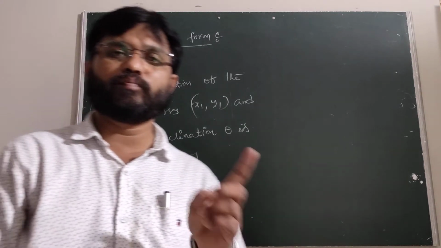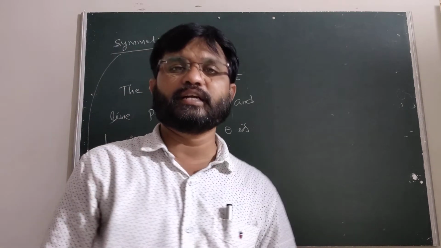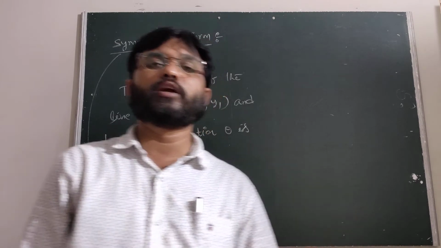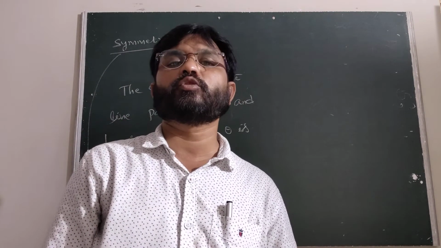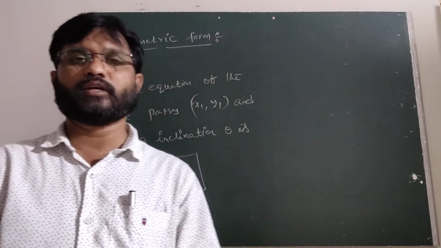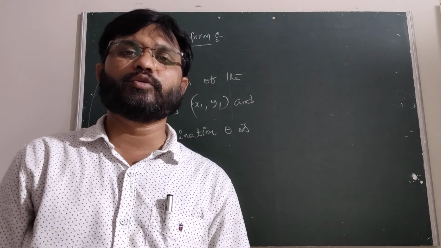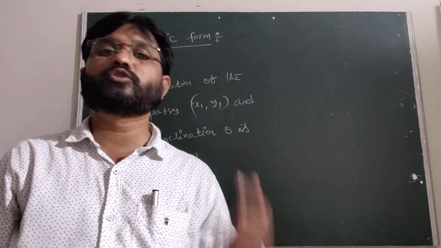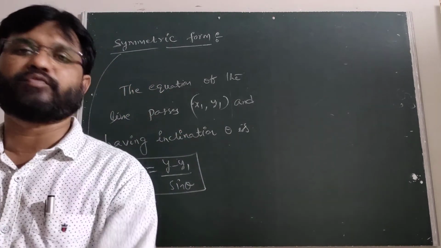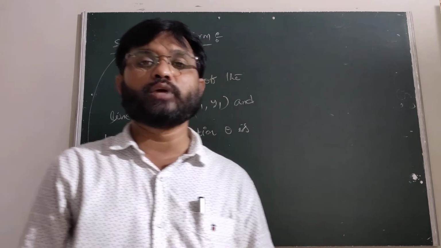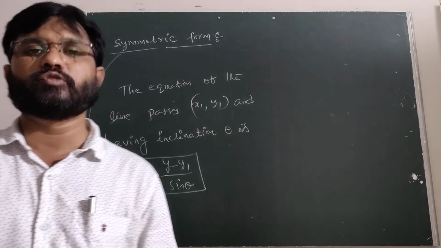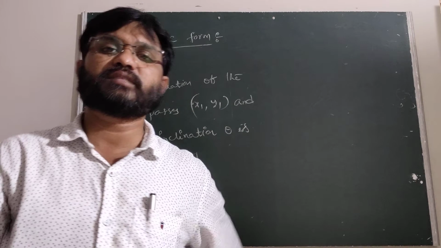x by a plus y by b equal to 1 is the intercept form. y equal to mx plus c is the slope intercept form, where m is the slope and c is the y-intercept. y minus y1 equal to m into (x minus x1) is the slope point form. The two points form is y minus y1 equal to (y2 minus y1) by (x2 minus x1) into (x minus x1).